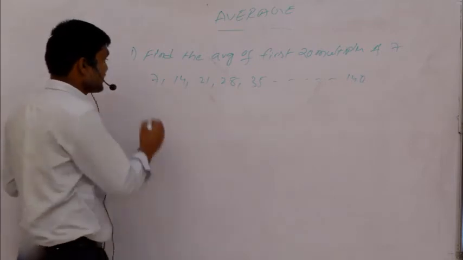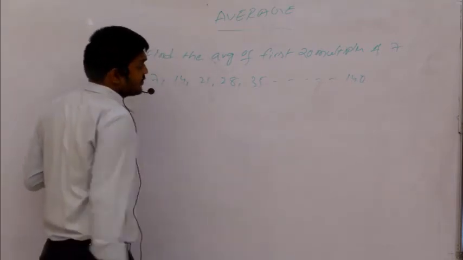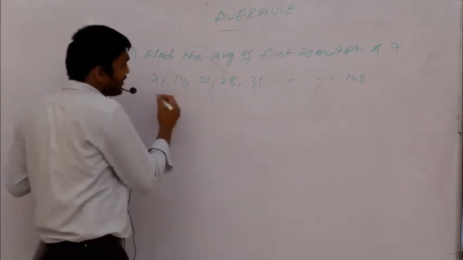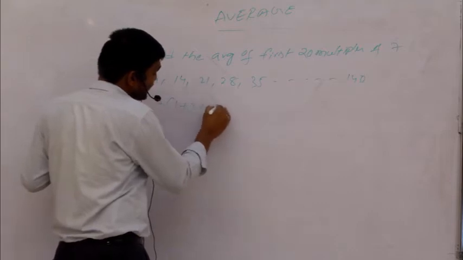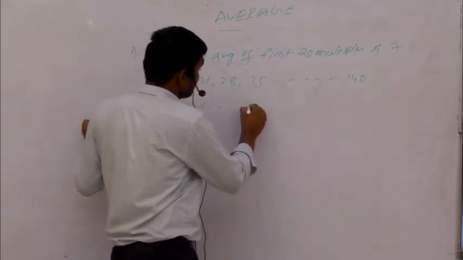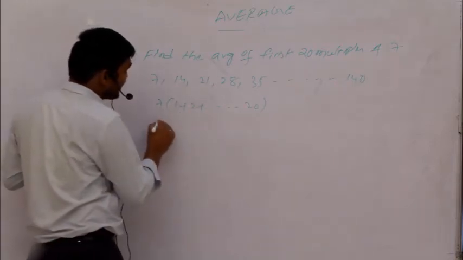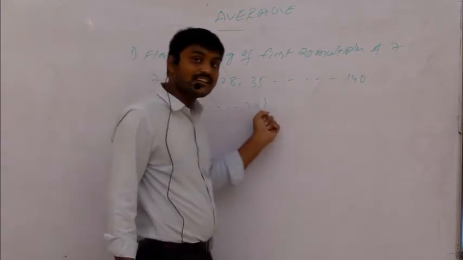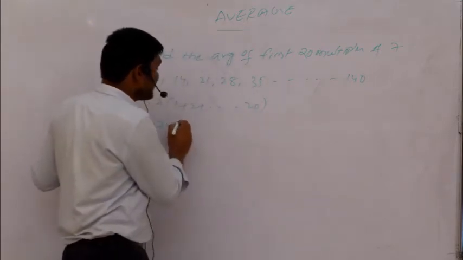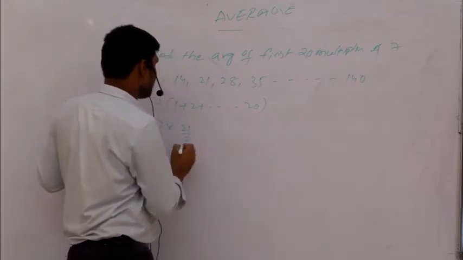So you can take those 7 multiples. If you want average, 7 is common, 1 plus 2 plus up to 20, so average is 7 into, these are first 20 natural numbers, so that is n plus 1 by 2, 20 plus 1 by 2.